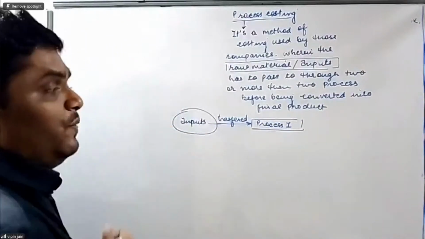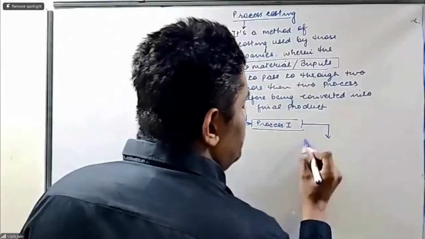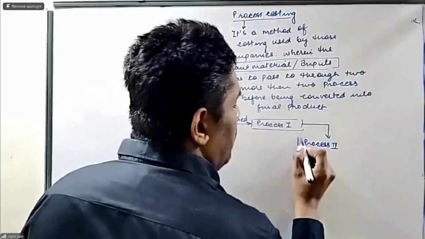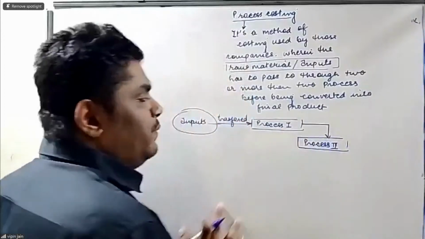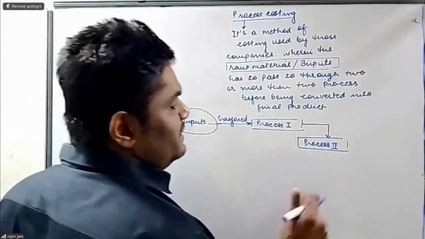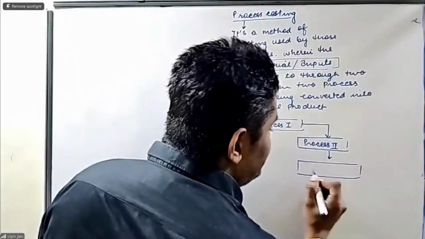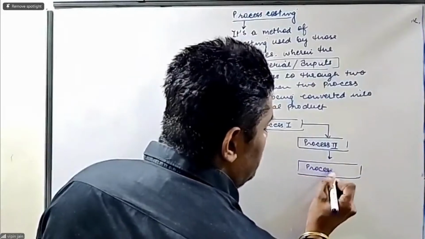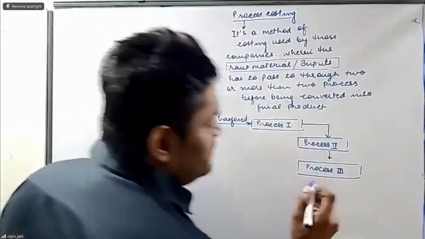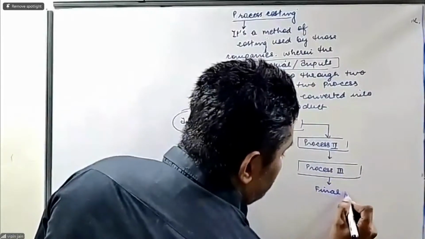Once process first gets over, the output of process first is transferred to process second. Once process second gets over, let's say there is one more process, so the output of process second will be transferred to process third. Assuming there are only three processes, the output of process third will be my final product.